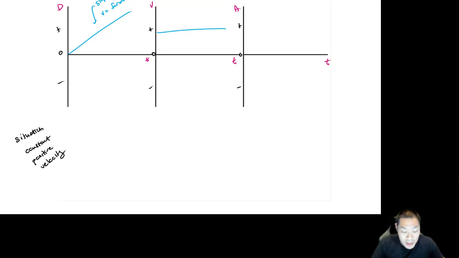Now, this could be like this, it could be like this. It doesn't matter where the start position is. All that matters is the slope has to be positive. If the slope's positive, that means it's moving at constant speed, because it's a line. That means acceleration, though, is still 0 because the slope of the velocity graph is still equal to 0.